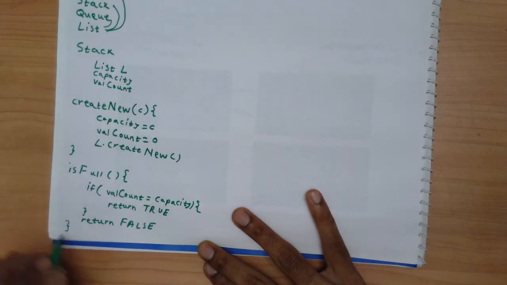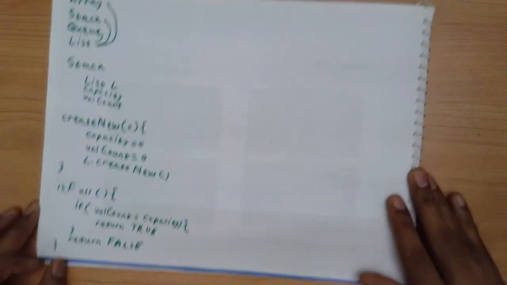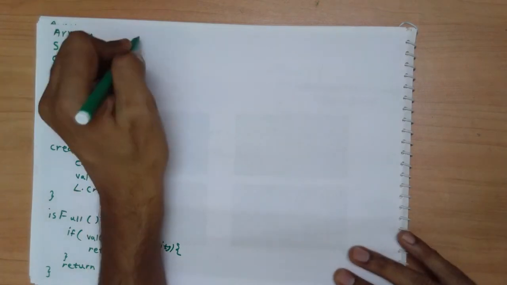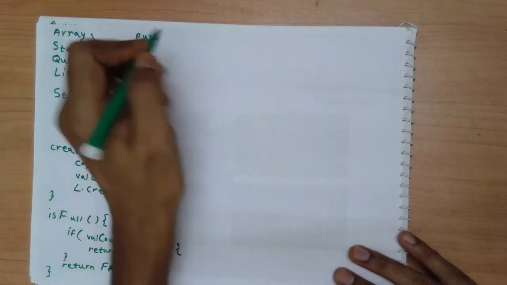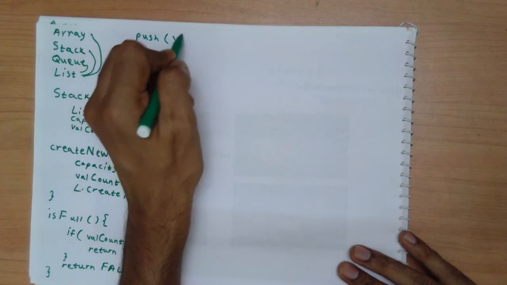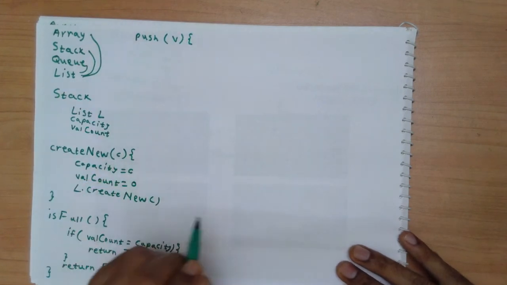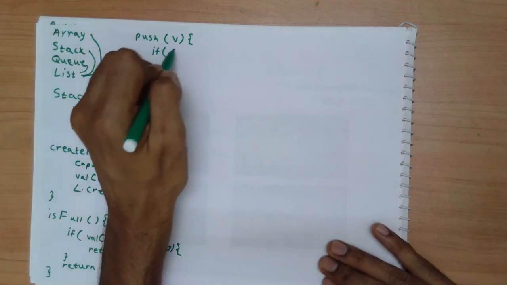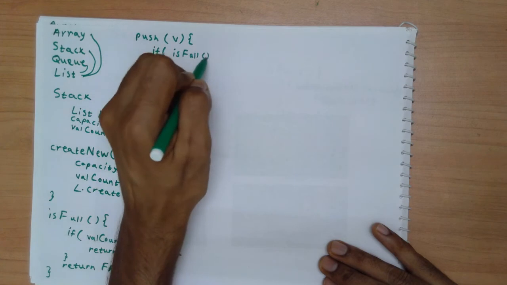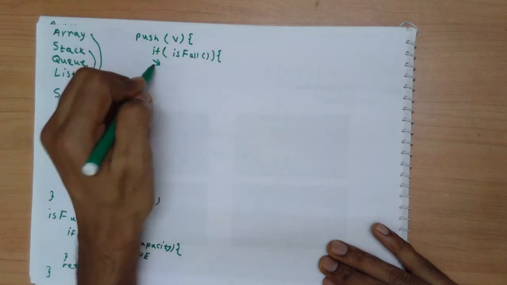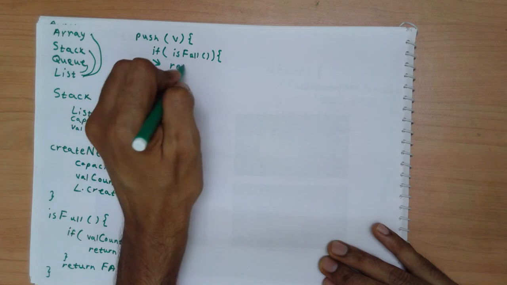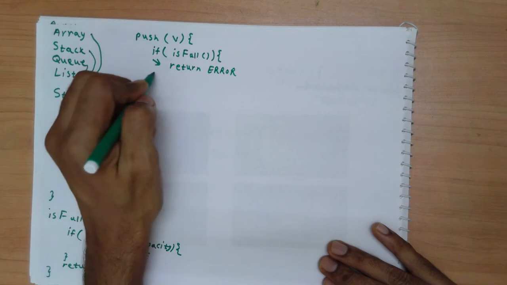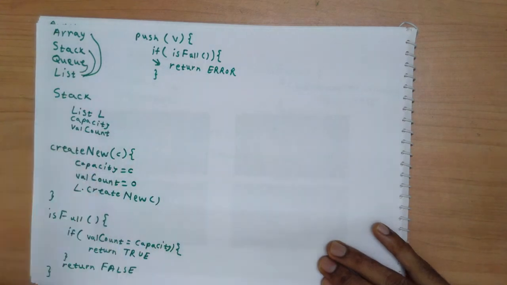So that's my is full operation, and with is full operation under my belt, I will go and now define my push operation. So now I'm going to push a value v onto the stack, and what is going to happen is I'll ask question if it's full, returns me true. If yes, I will return an error. If it is not full, then what I should do?